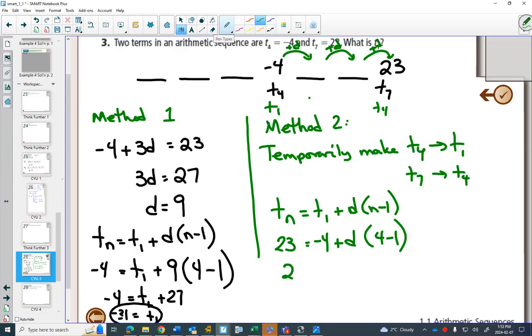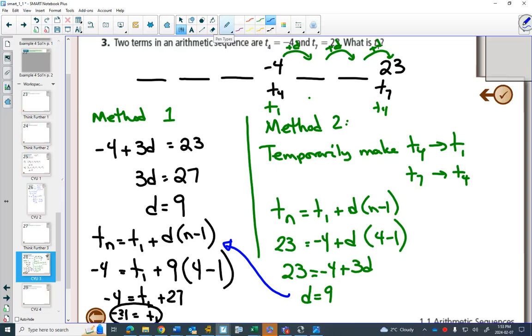And you'll notice you get the same as the pattern we talked about, but we got that pattern in a different way. And from here, you would also get d is 9. And once you get d is 9, you would continue just like we did in method 1.